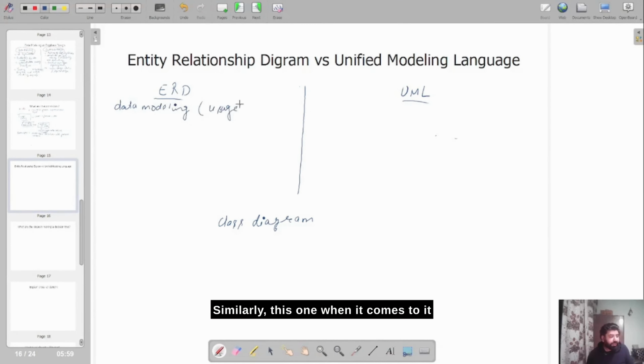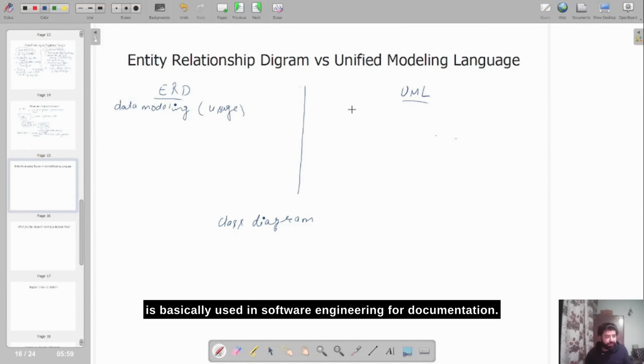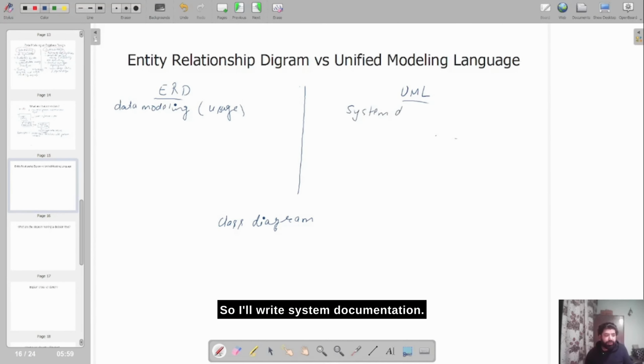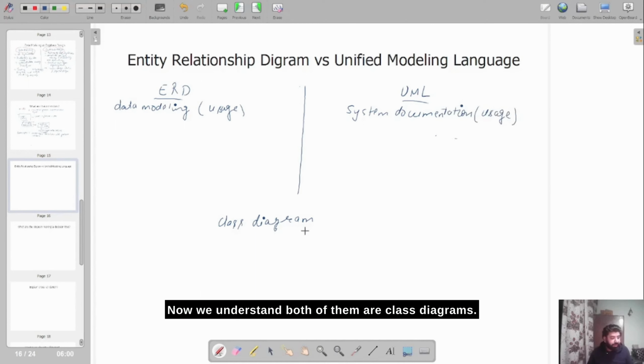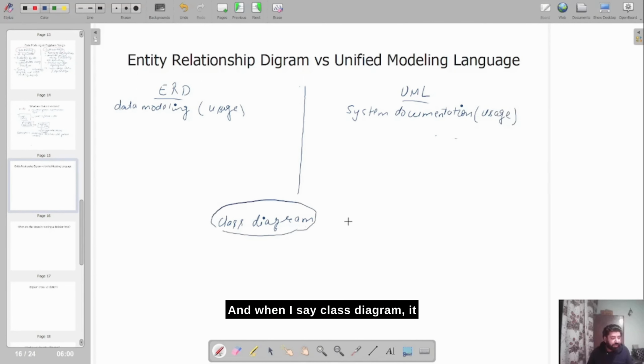Similarly, this one is basically used in software engineering for documentation. So I'll write system documentation. So for all types of documentation work we use UML diagrams, and I'll just write usage here. Okay, so we are clear with usage. Now we understand both of them are class diagrams, and when I say class diagram, it means there is an entity involved.